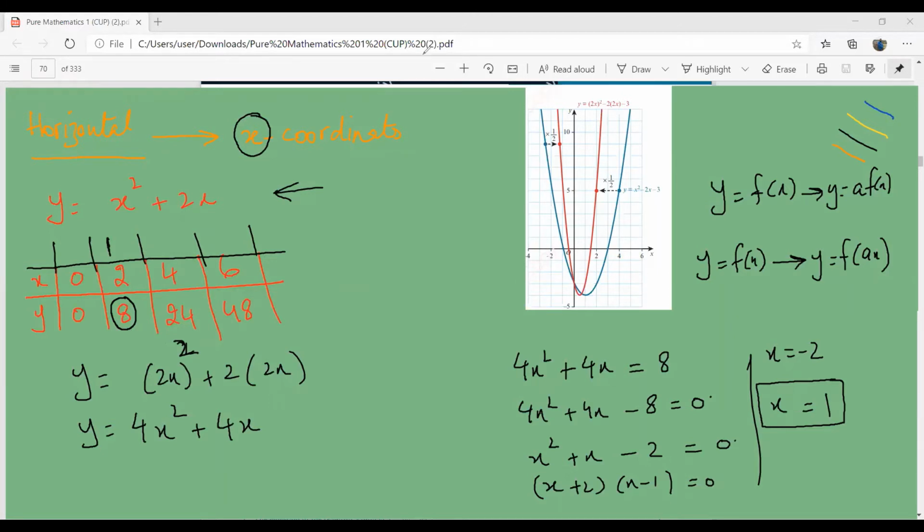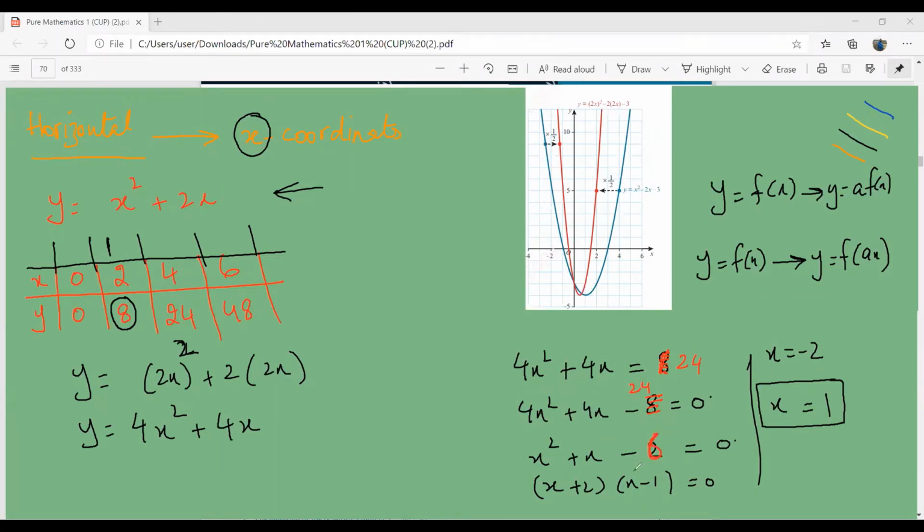Let us take the next point over here. Instead of this, I'm going to take the 24. The next one, 4 comma 24. So this is going to be 24 here. I take common 4, so this will be minus 6.